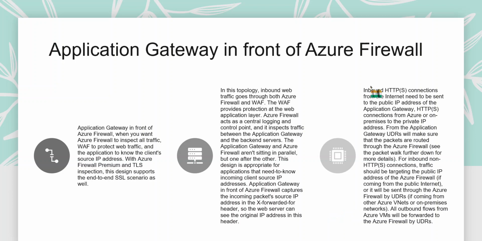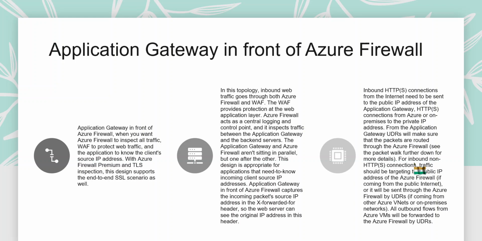So the inbound connections coming from the internet need to be sent to the public IP address of the application gateway from Azure or on-premise. So from the application gateway, user-defined routes will make sure that the packets are routed through the Azure firewall.